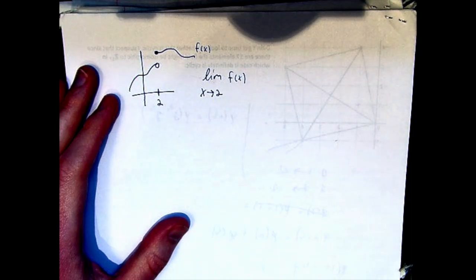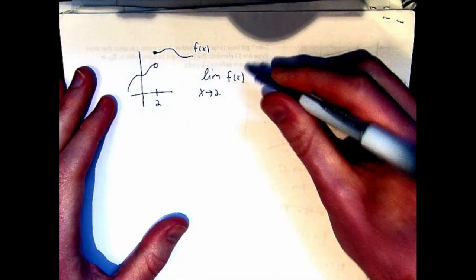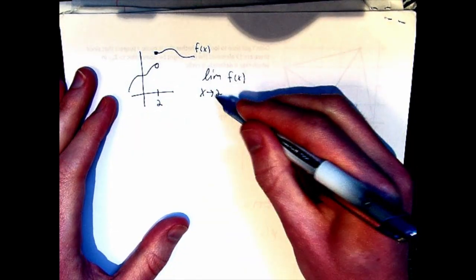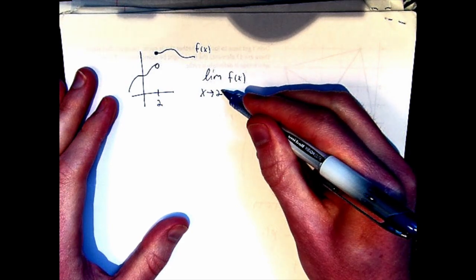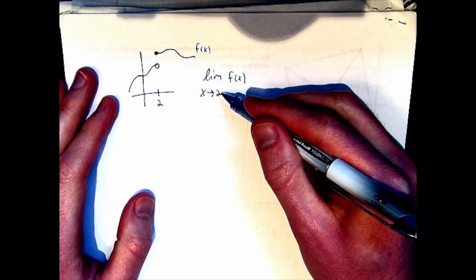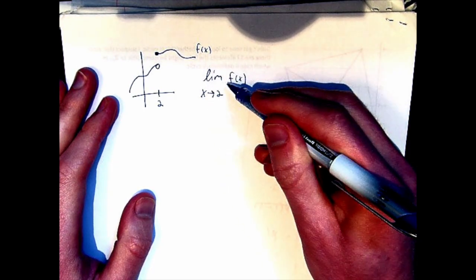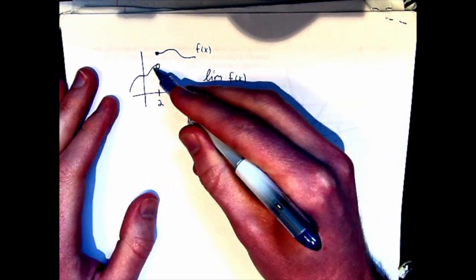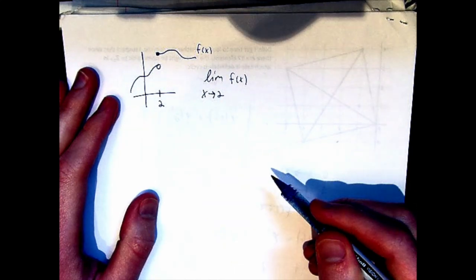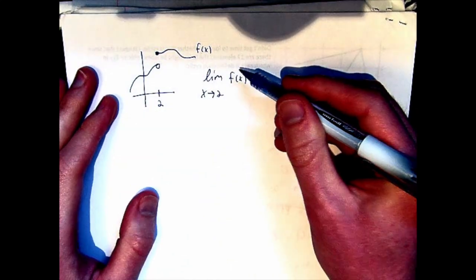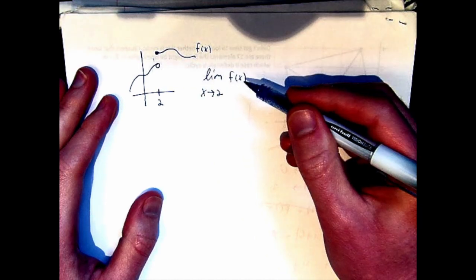And hopefully you would say to yourself, well, this is a two-sided limit, right? There's no plus or minus here above the 2, and this two-sided limit only exists, if you recall from last week, if the left and right-hand limits agree, that is, if they're the same, and we can see here that they do not agree. They are not the same.